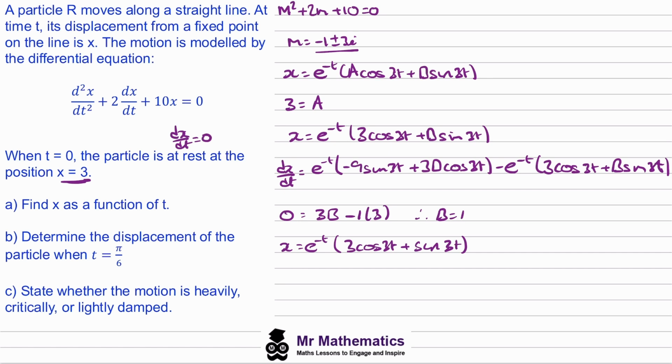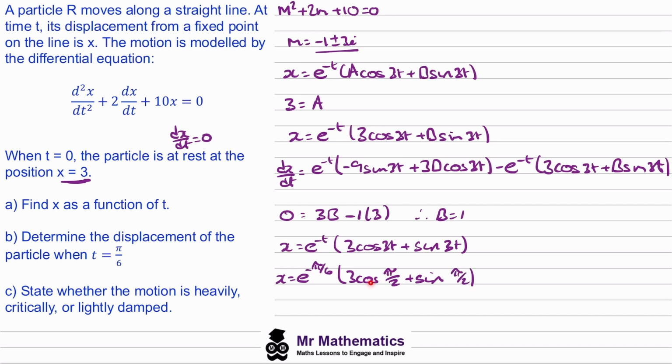And then for part B, determine the displacement of a particle when t equals pi over 6. We'll substitute pi over 6 into each of these. So x will be e to the negative pi over 6 times 3 cos, and when you multiply pi over 6 by 3, we get pi over 2, plus the sine of pi over 2.